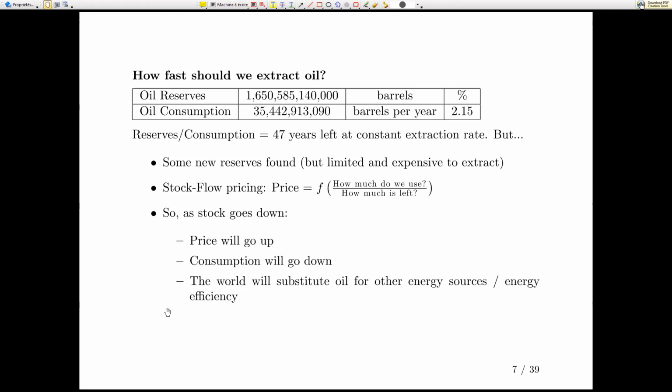So there's just a question for you. Is it that bad for future generations, for instance, all non-renewable resources?